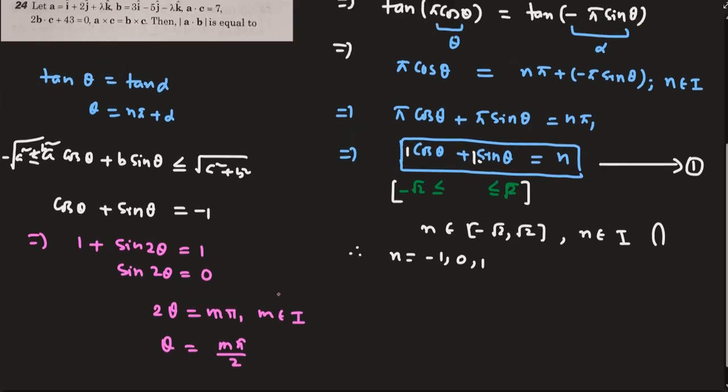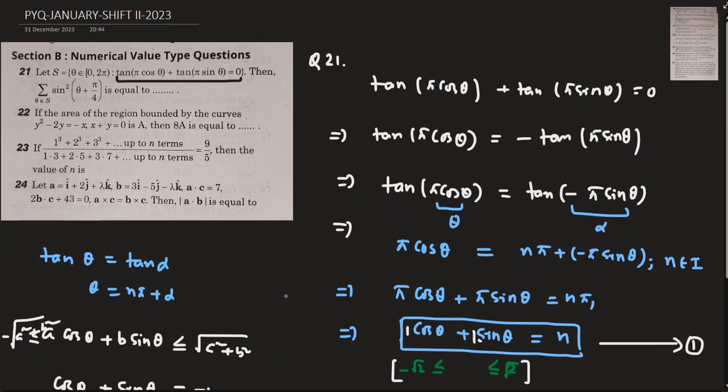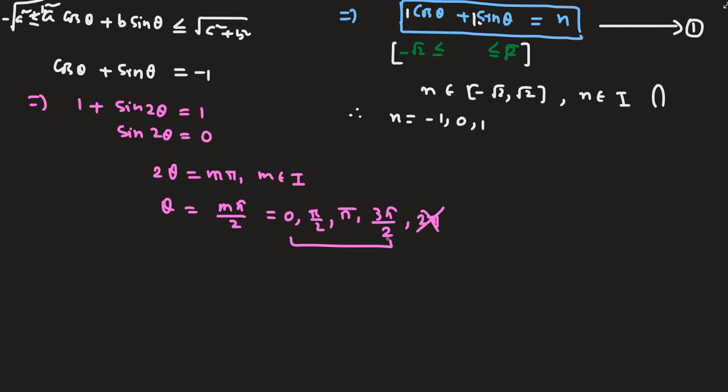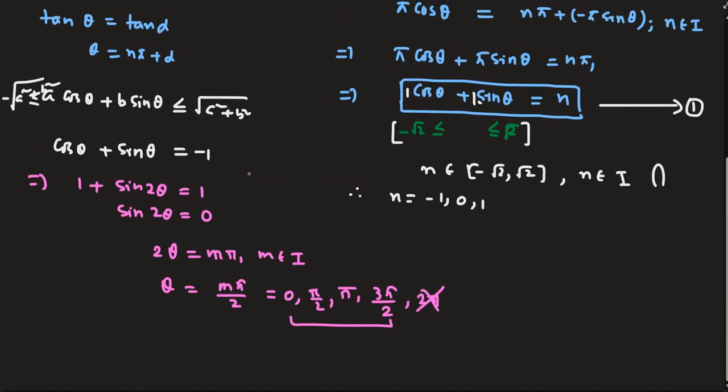Here a restriction is also given on theta, that theta cannot be more than 2 pi. So for different values of m, we have 0, pi by 2, then pi, then 3 pi by 2. If you put 4 here, you get 2 pi, but this value is not allowed. Now among these 4 values, what you observe is that we did squaring from our original equation.